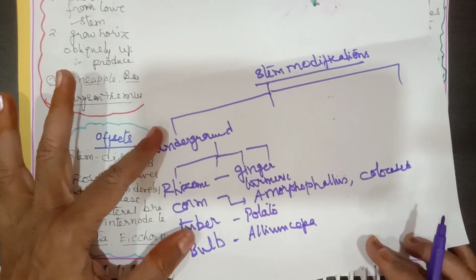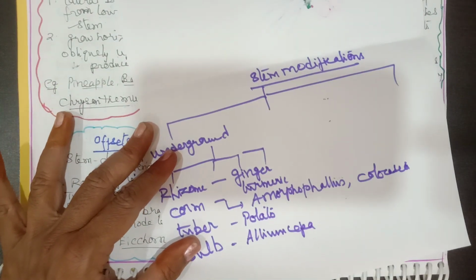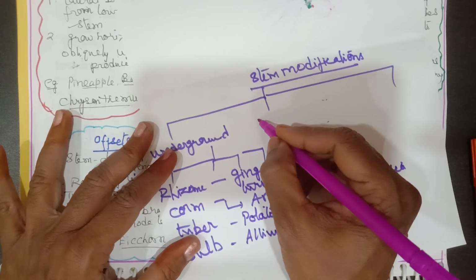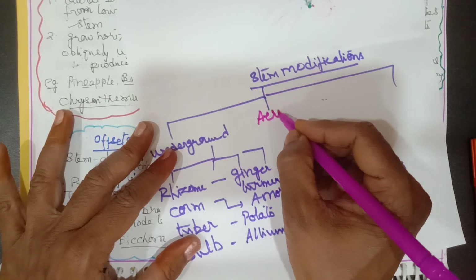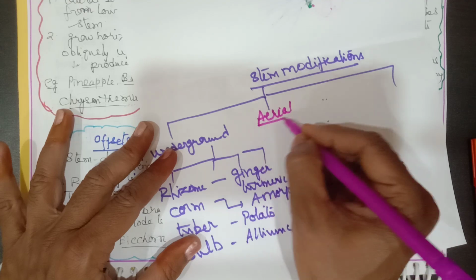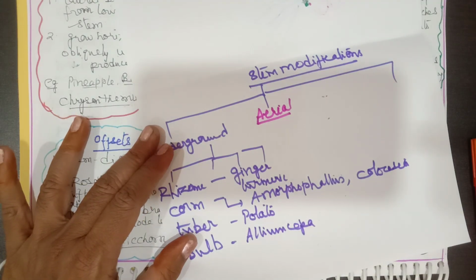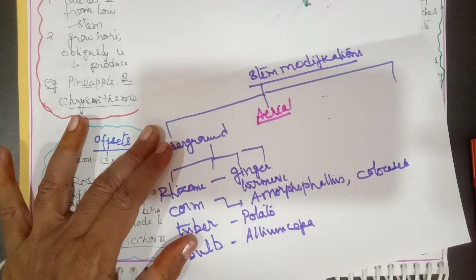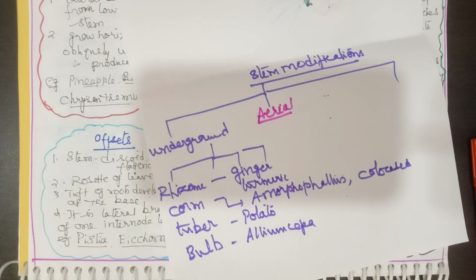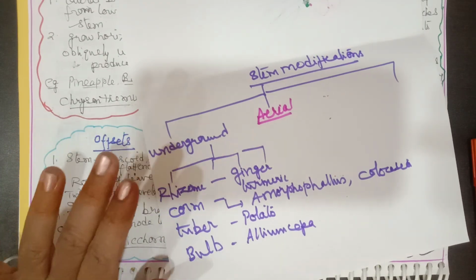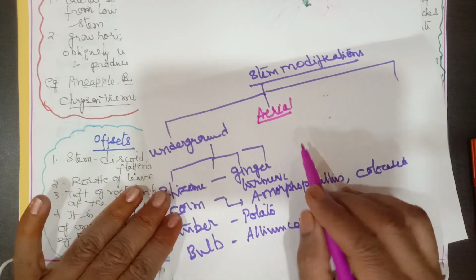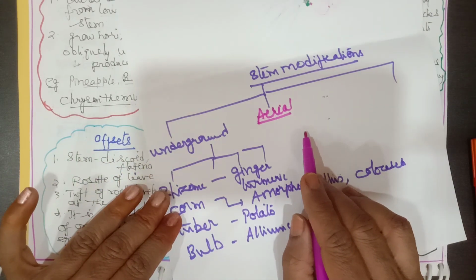Similarly, aerial stem modifications. Here you can write the different aerial stem modifications. Under aerial stem modifications, we have tendrils, thorns, phylloclades, and cladodes. Here you can give the examples.